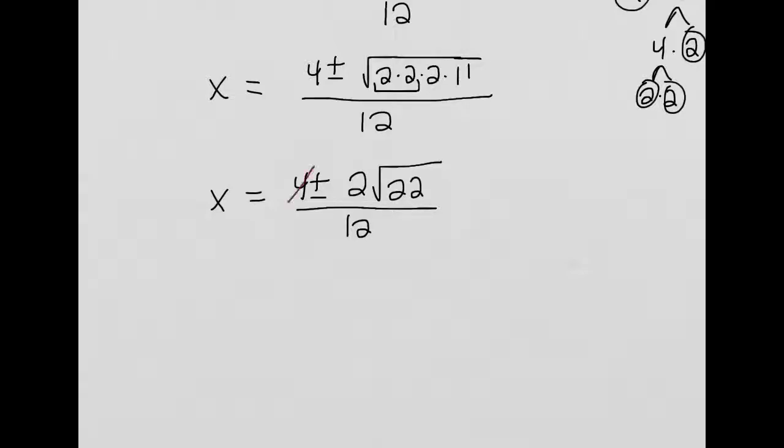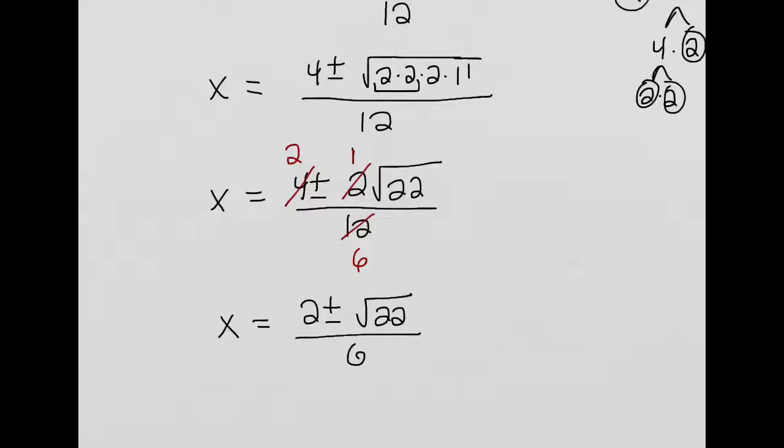If I divide those guys both by 2, I get 2 and 1. If I divide this guy by 2 on the bottom, I get 6. So our final answer here would be x equals 2 plus or minus 1 square root of 22, which is just square root of 22, all over 6.